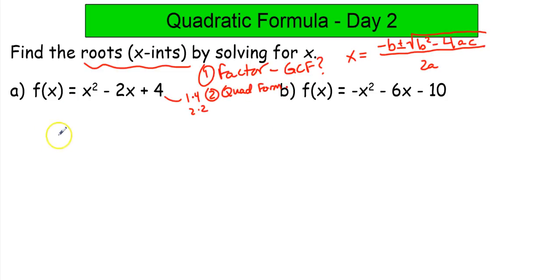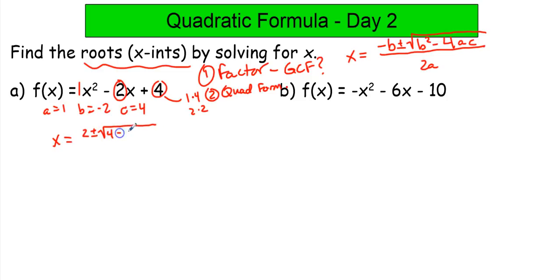And the quadratic formula tells me that x is equal to, here a is 1, b is -2, and c is 4. And that just comes from these numbers up here. So I just plug in negative b, meaning the opposite of what b is, a -2 or a +2, plus or minus the square root of b squared.